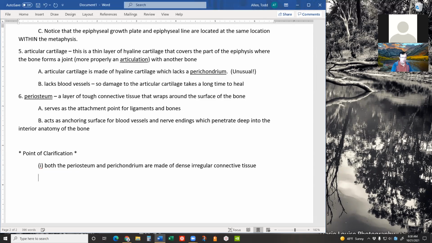Okay, and if you don't recall what that looks like, certainly go back to chapter 4 and have a look at it. Periosteum is the membrane that covers bone. Periosteum covers the surface of bone. The perichondrium is a membrane that covers most hyaline cartilage, but not articular cartilage.